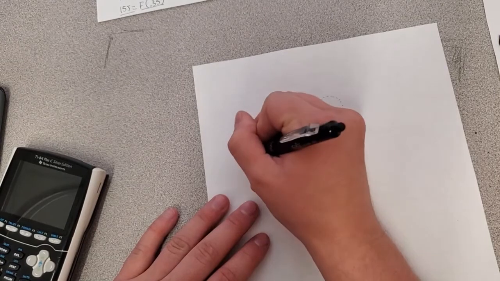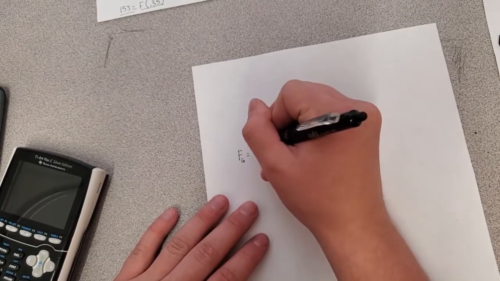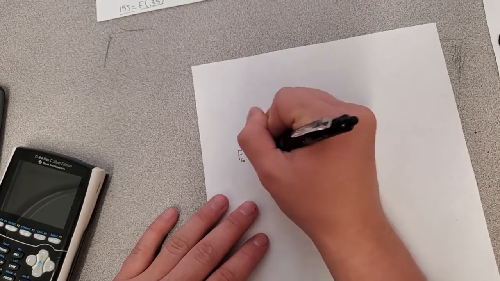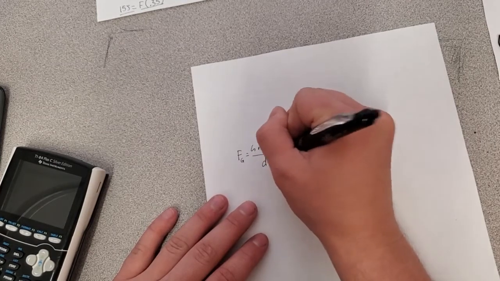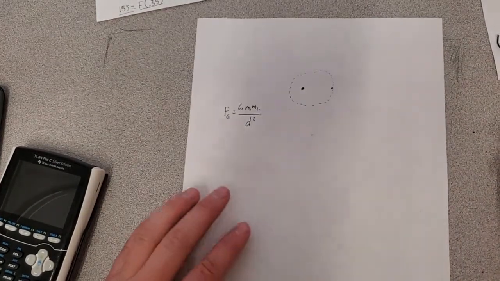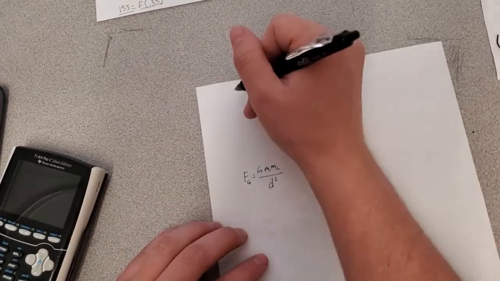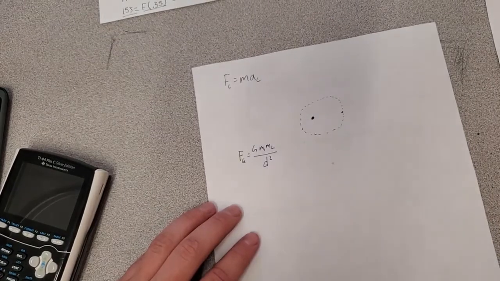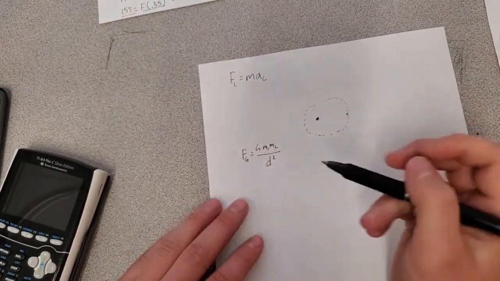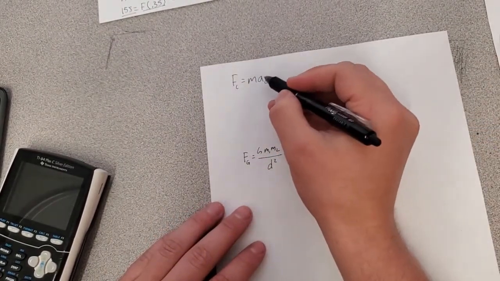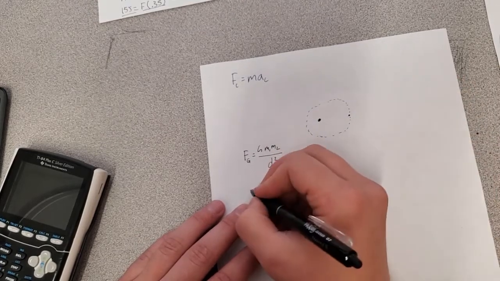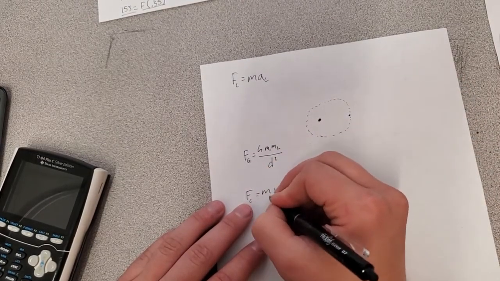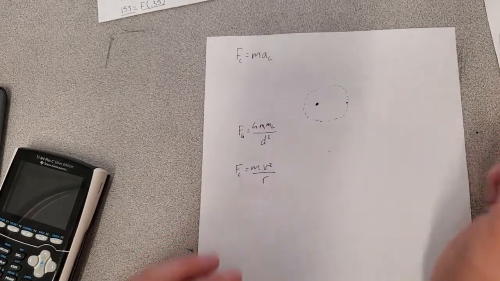Our force of gravity, which we know is G M1 M2 over d squared, and our centripetal force, Fc equals m ac. But if we want to bring that ac down a little bit, Fc is actually equal to m v squared over r.